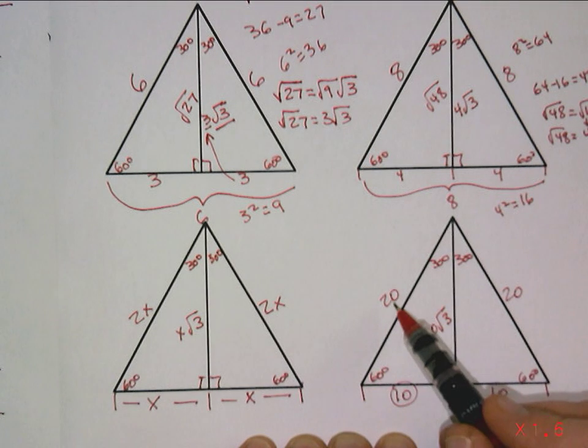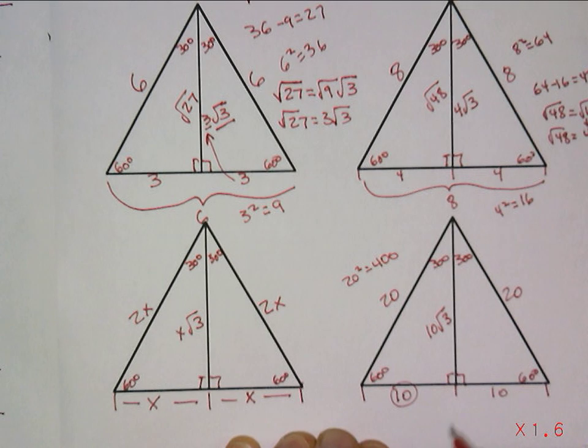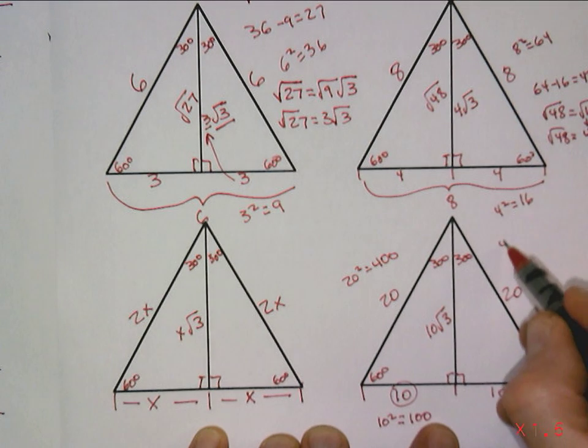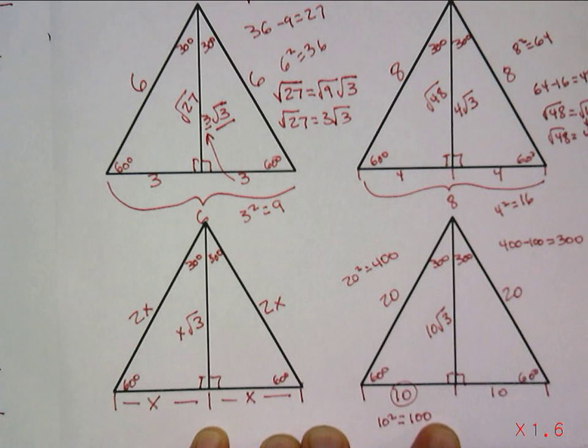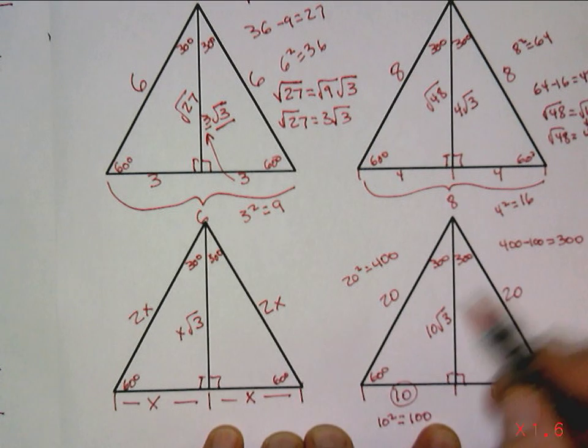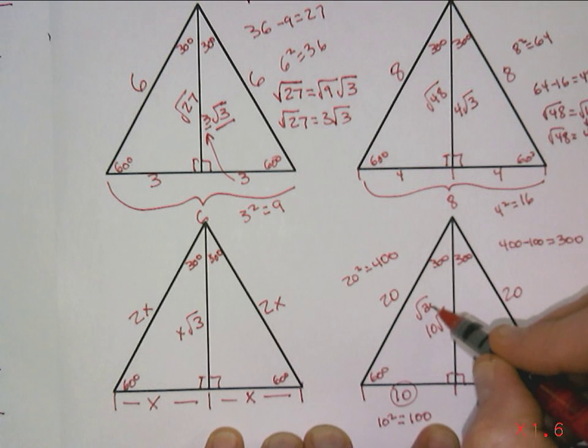We could actually take 20 squared, which is 400, and 10 squared, which is 100. And if you took 400 minus 100, you'd get 300. And we know that this length here would actually be the square root of 300.